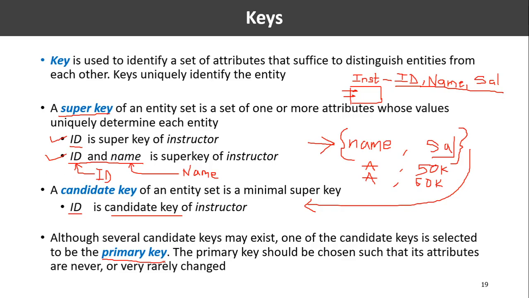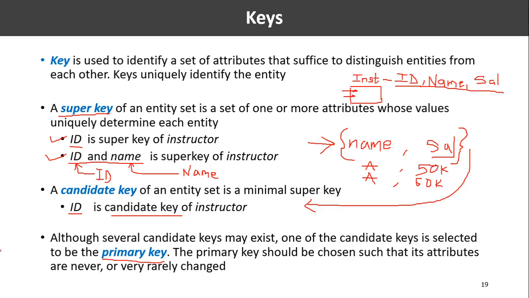Typically the primary key should be chosen such that its attributes are never changed. Or we may say the value of this attribute rarely changes. So we should pick a candidate key as the primary key such that its value never changes, and even if it changes, the change is very rare.